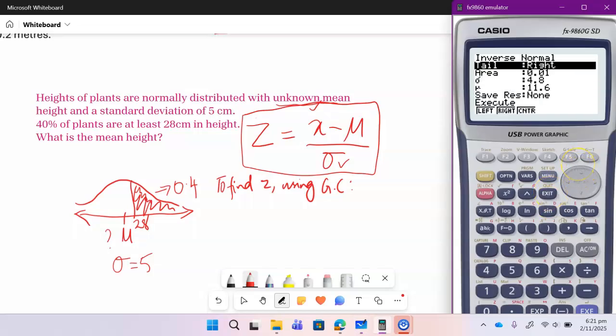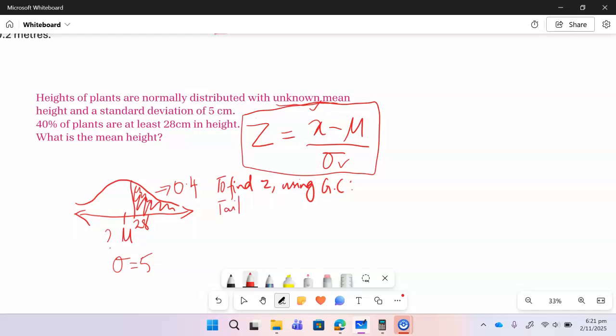Now, what you need to do is enter everything as normal. Tail area in this situation is right. And area is 0.4. But we're going to put mean as 0 and standard deviation as 1.